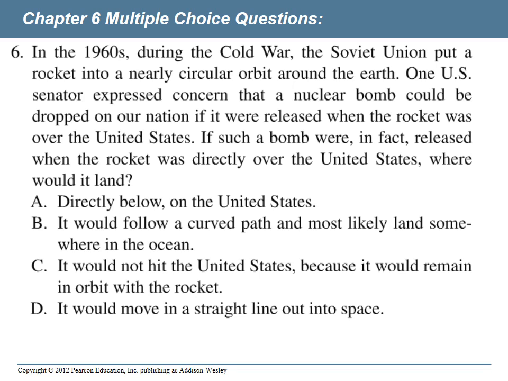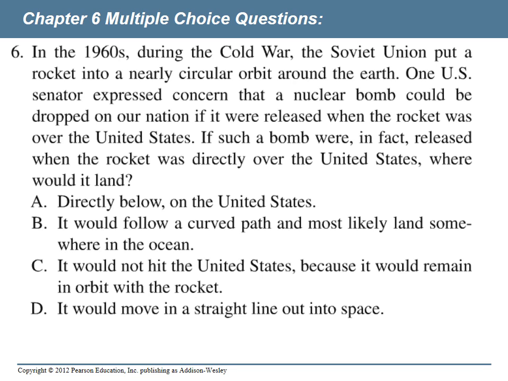So if it's traveling with the rocket that's in orbit, the rocket is exactly the right speed for its radial acceleration to exactly equal the gravitational attraction of the Earth. So it stays at the same distance away. It's in orbit.